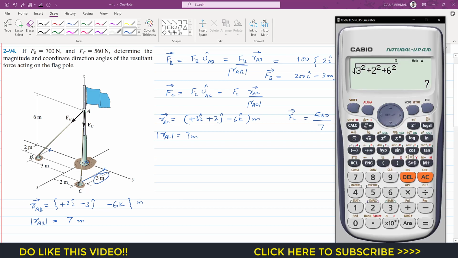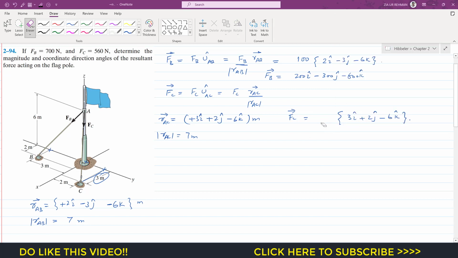So 560 divided by 7 gives us 80. So this is 80, and FC Cartesian vector equals, so this is 240i, we need to multiply this, then this is 160j minus, this is 480k.